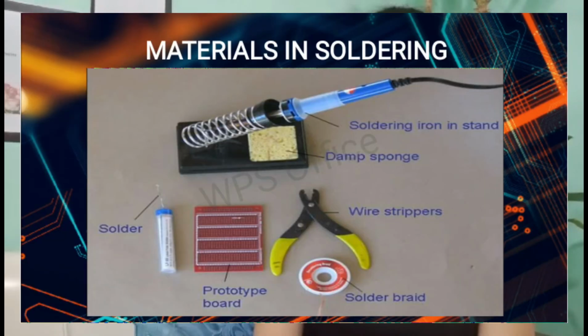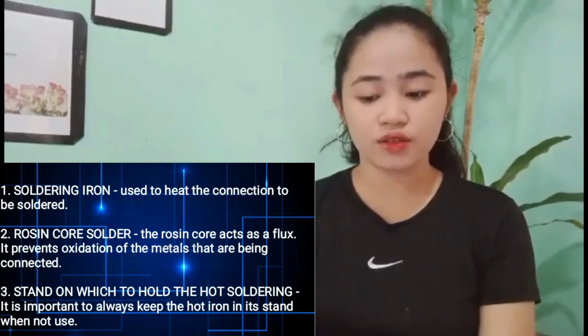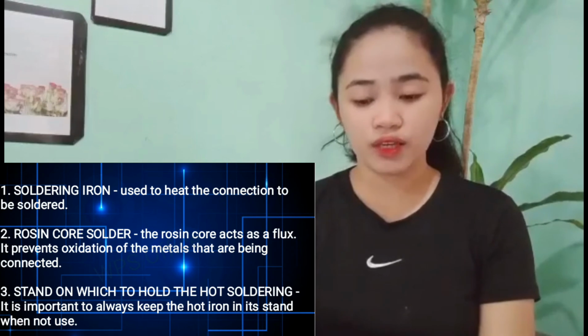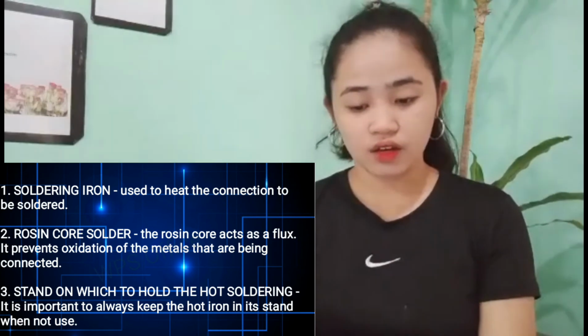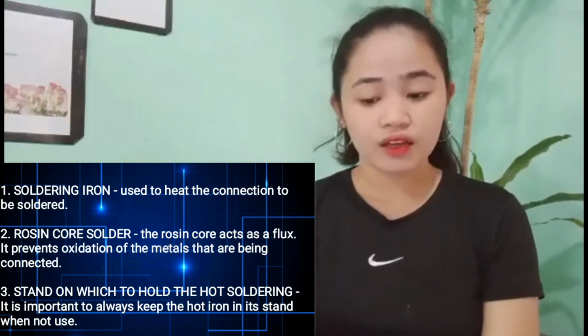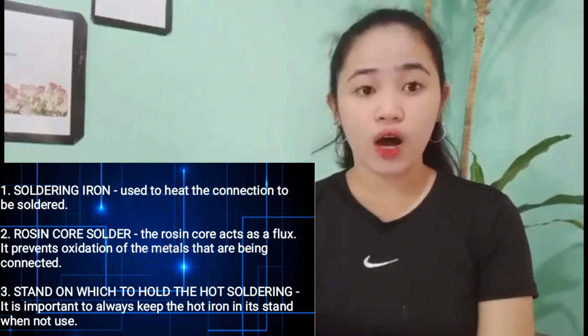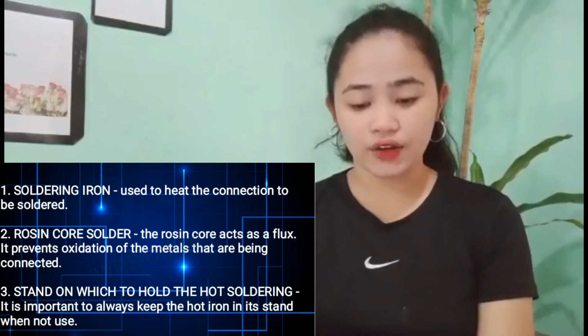Materials that are needed in soldering. First is the soldering iron. A soldering iron is used to heat the connection to be soldered. For electronic circuits, you should use a 25 to 40 watt soldering iron.